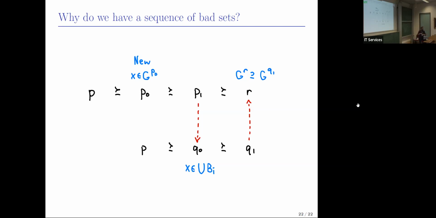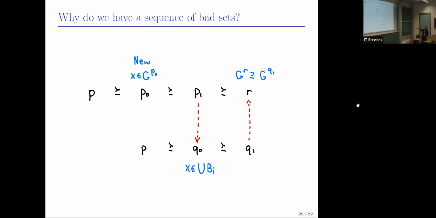So the labeling is going to really try to respect X being good with respect to the old bad elements, good enough-ish with respect to the elements of the new bad set, and again, still good enough with respect to the good elements. In the sense that no matter how I extend Q0 to Q1, I can dump that new bad set back into the good set and get an extension R of P1.